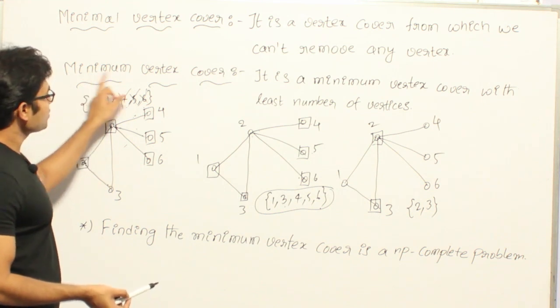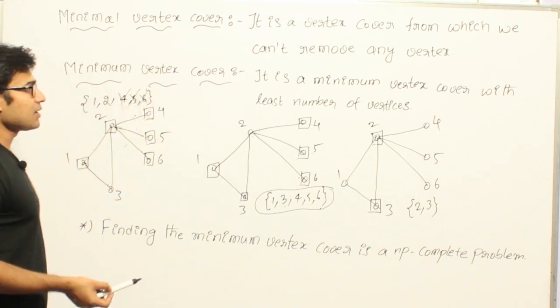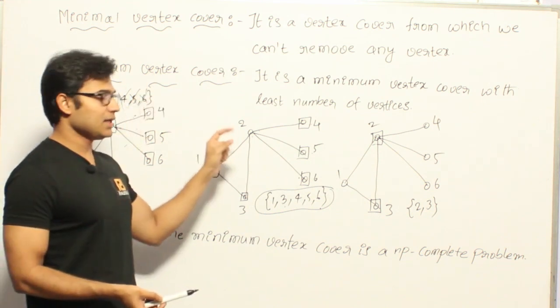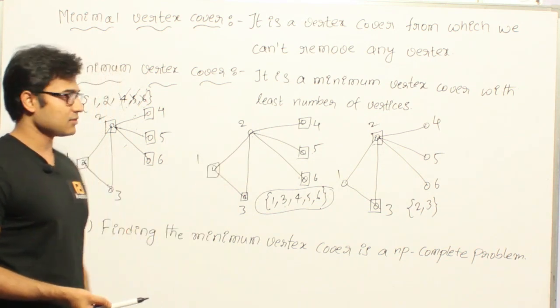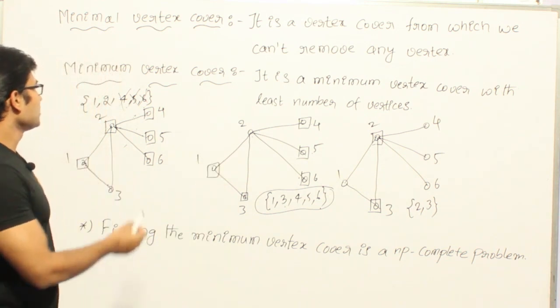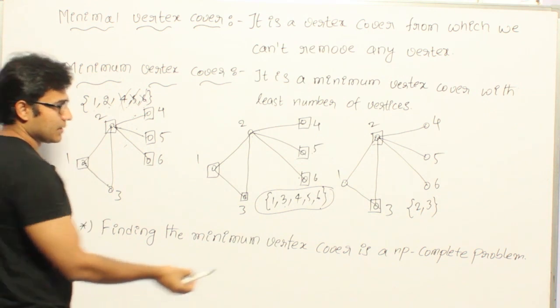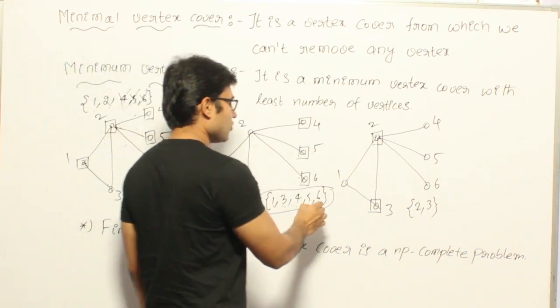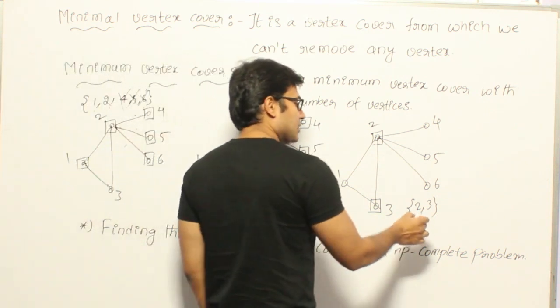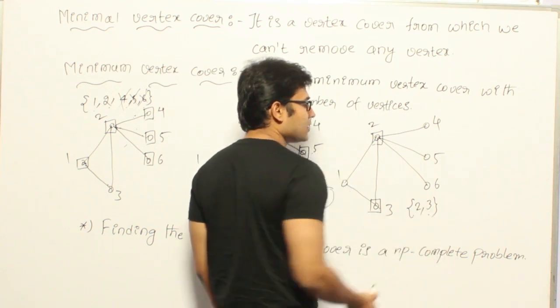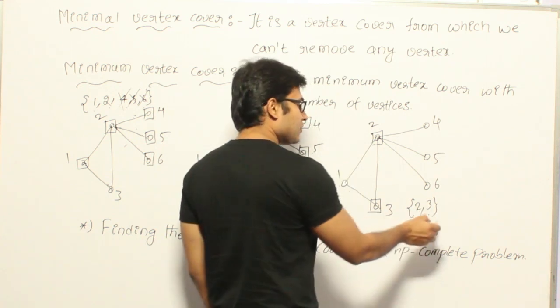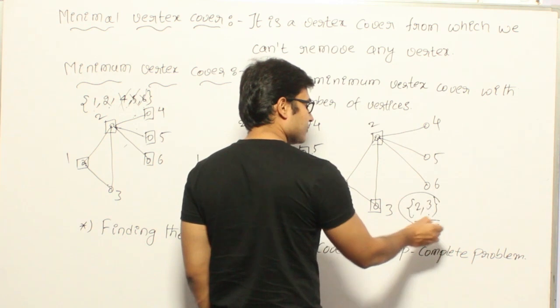Now there is something called a minimum vertex cover. The minimum vertex cover is the vertex cover with the least number of vertices, right? This is minimal, which contains 1, 2. This is minimal, which contains 1, 3, 4, 5, 6. And this is also minimal. Out of all these minimal ones, the least size is 2, isn't it?